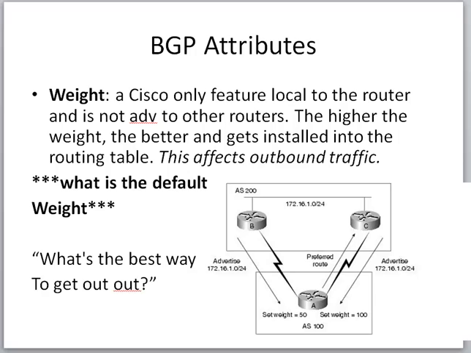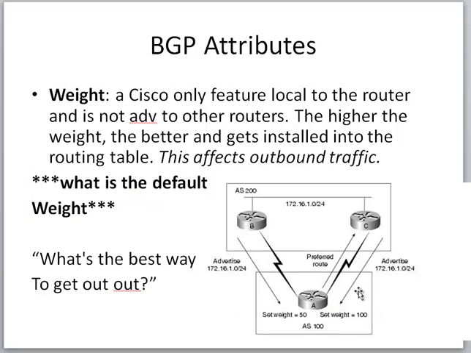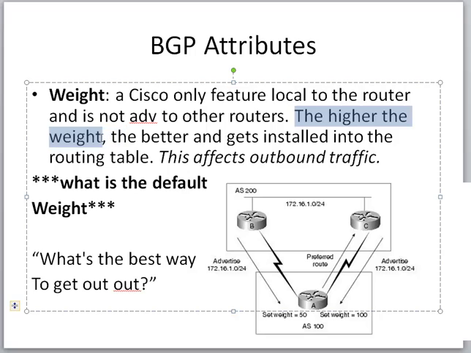It is pretty helpful to read the documentation. So I'll do that too for the weight. But let me go back down here. In this case, I changed the weight to 150 for any routes coming from B and C. We said that the higher the weight, the better it is.